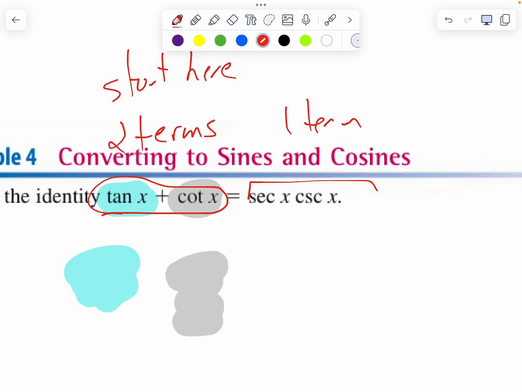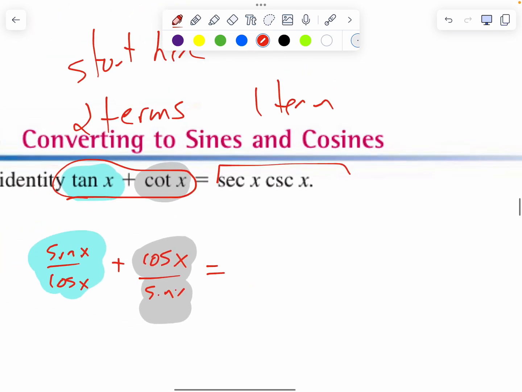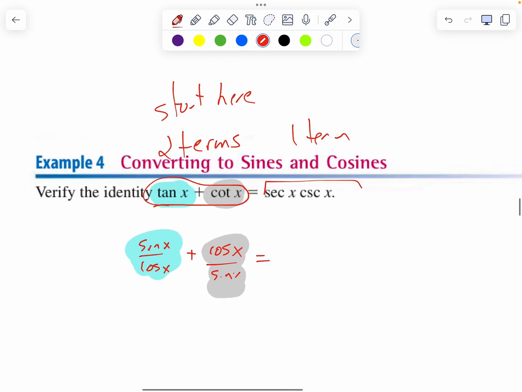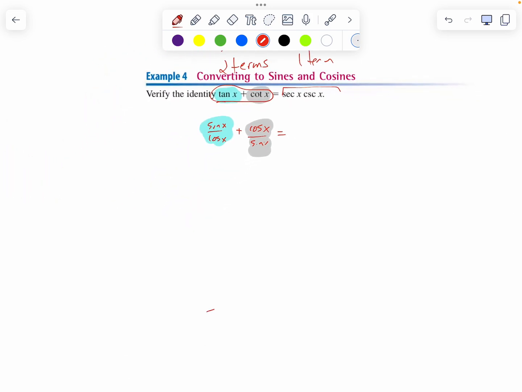So for example, tangent of x is sine x over cosine x, and cotangent x is cosine x over sine x. And so I know that I'll be done when I can get secant x times cosecant x equals secant x times cosecant x.